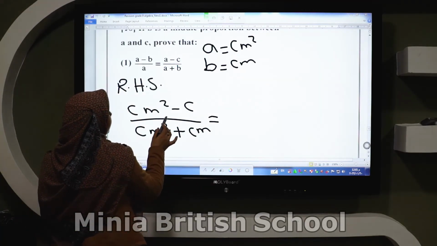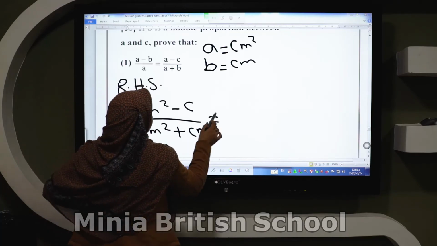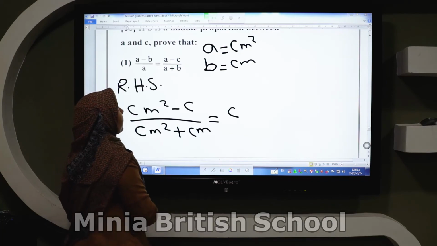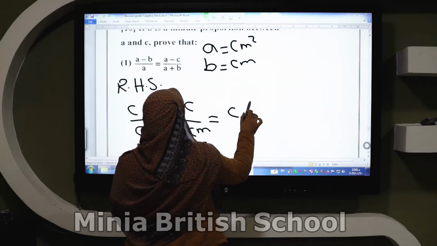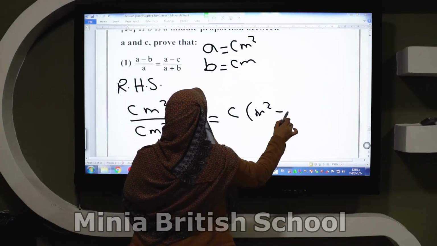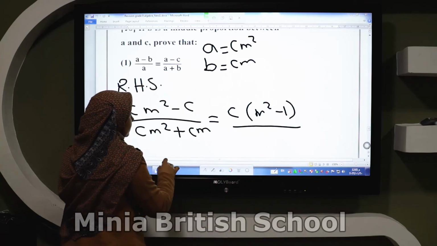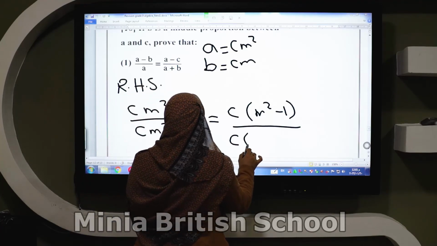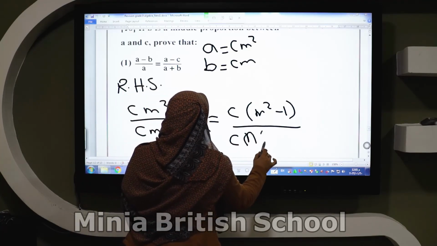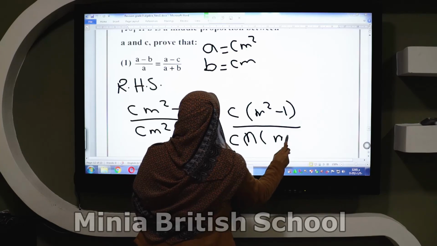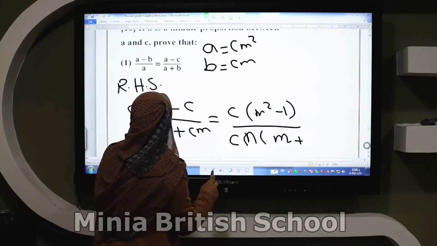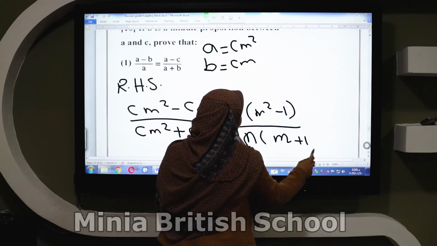You can take C as a common factor: C times (M squared minus 1) over C times (M squared plus M).